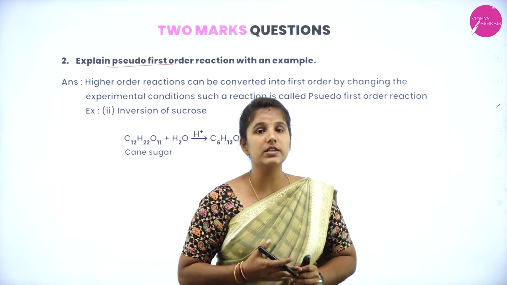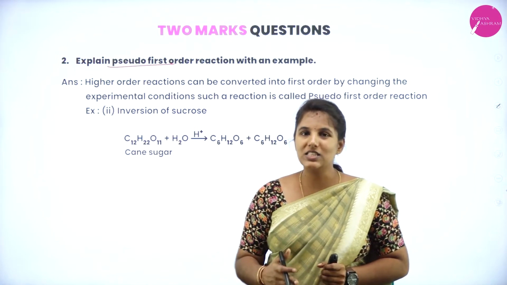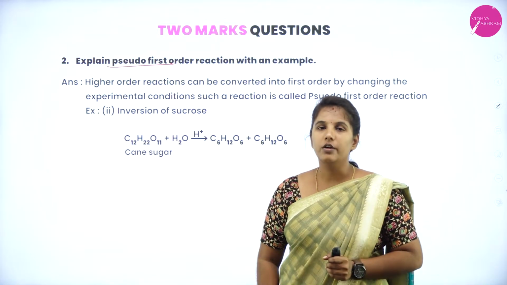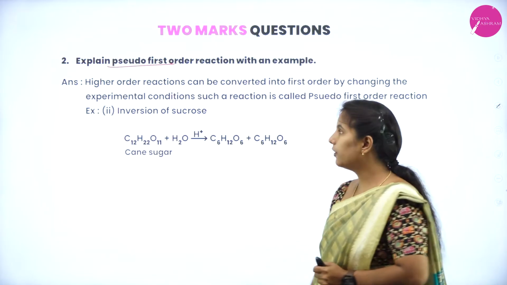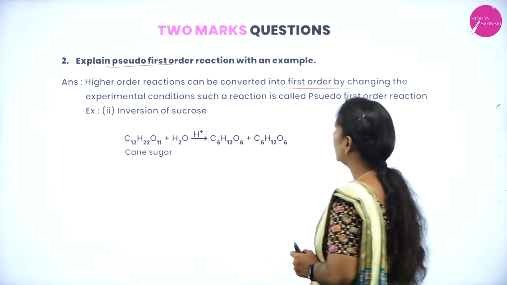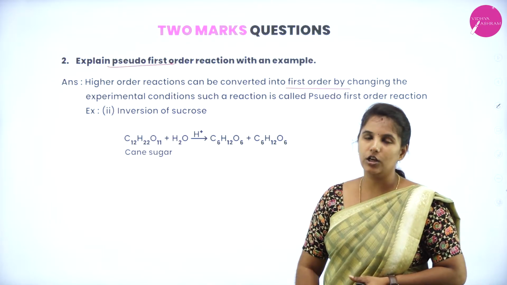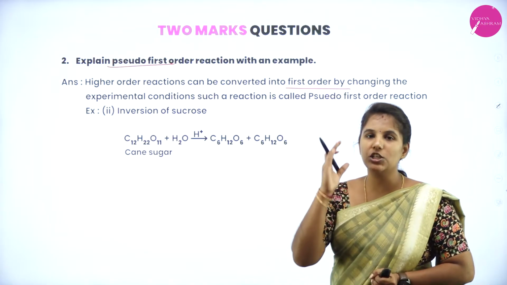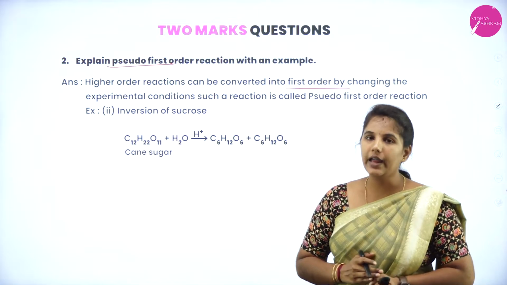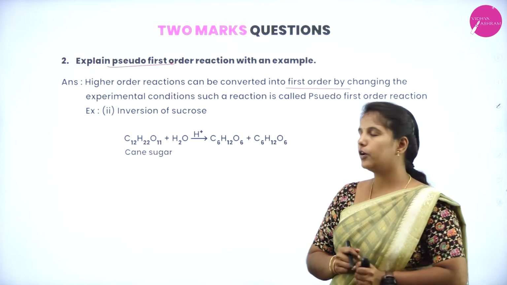Even though the reaction is not first order, it behaves like a first order. Such reactions are said to be pseudo first order reactions. You are just changing the experimental condition to make the higher order reaction behave like a first order.